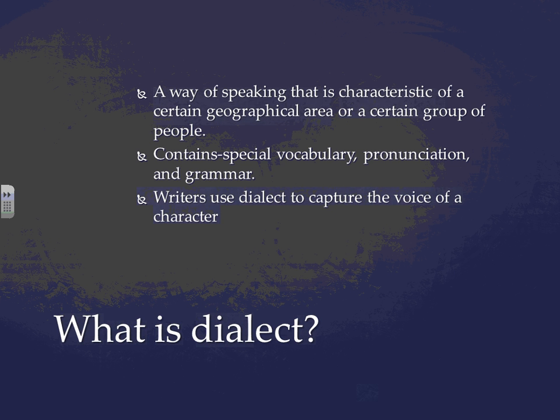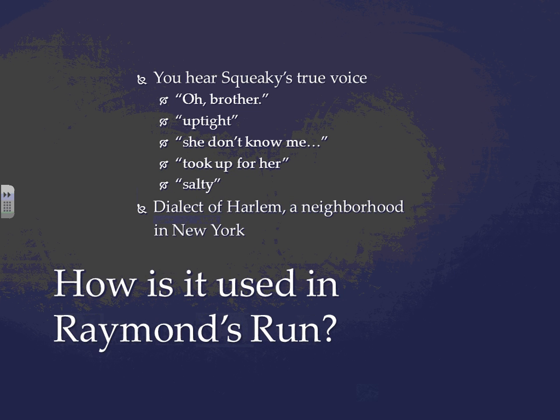Now, to take it a step further, dialect also contains special vocabulary, pronunciation, and grammar. Well, why do writers use it? They use it to capture the voice of a character or characters. But you need to understand those first two blocks there are part of your first learning goal. What is dialect? So, how is dialect used in Raymond's Run?